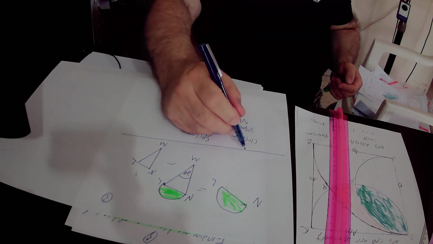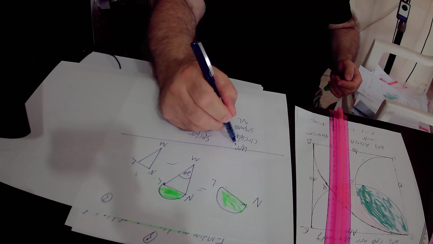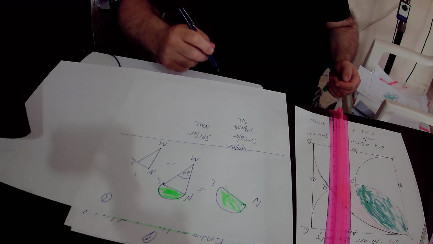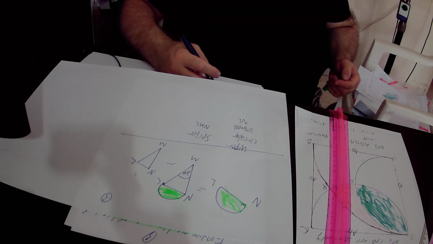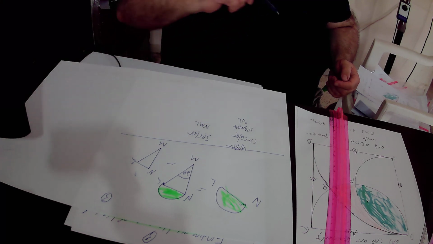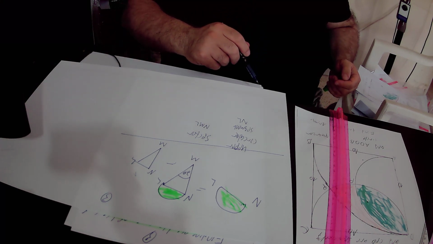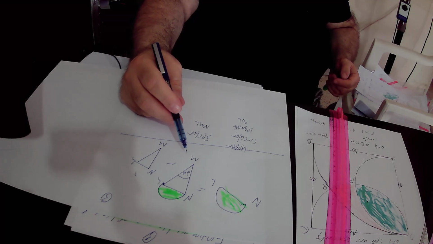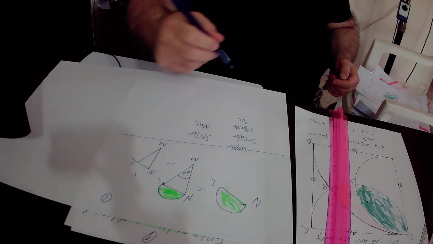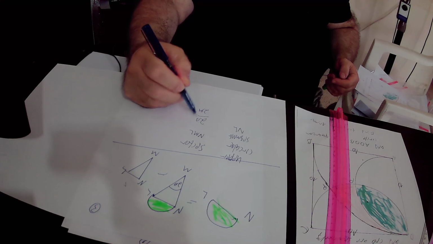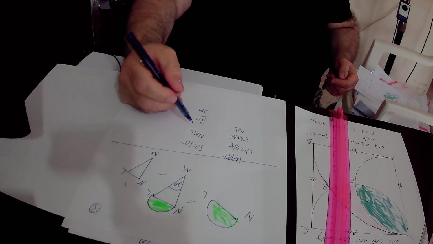Okay, upper circular segment. And the area of the upper circular segment equals the area of sector NML minus the area of triangle NML. So the area of sector NML equals 2 theta over 2 pi times the area of the circle.